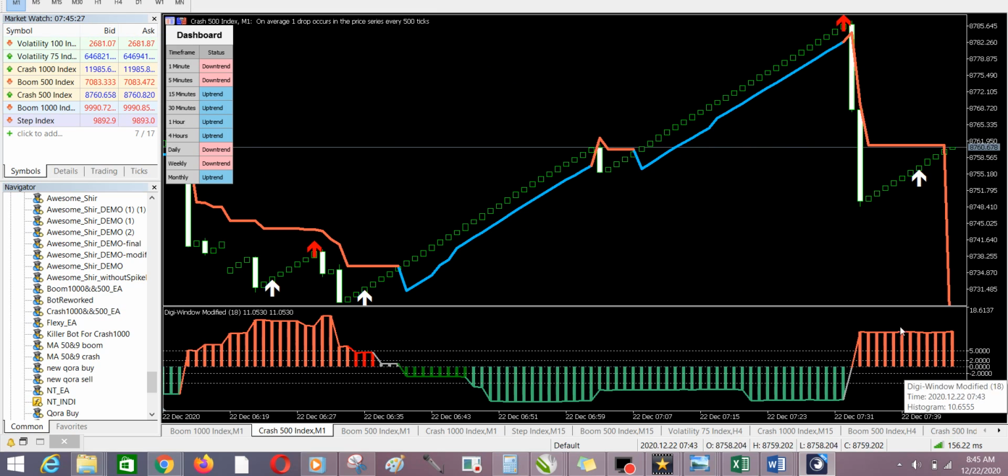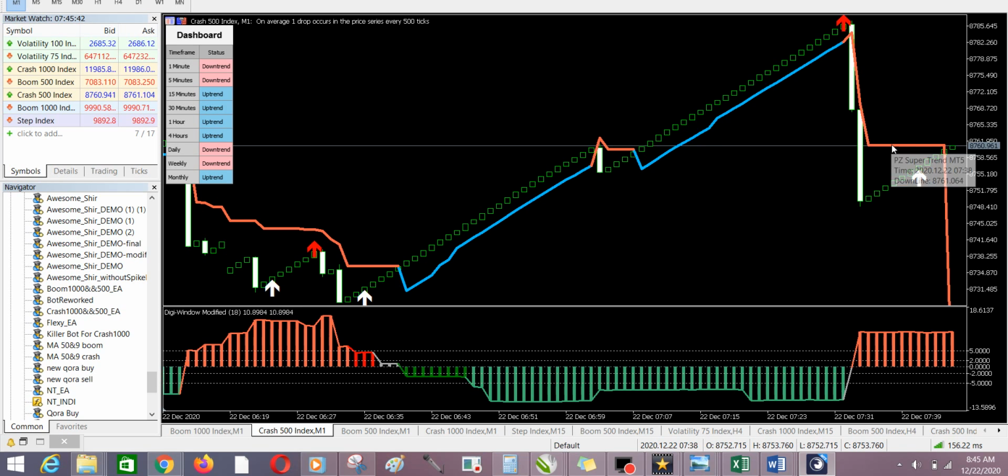You can see the confirmation in the histogram is still telling us that it is on a downtrend, even though we had a buy signal here. So wait for it to change from downtrend into uptrend before you go into the trade again.